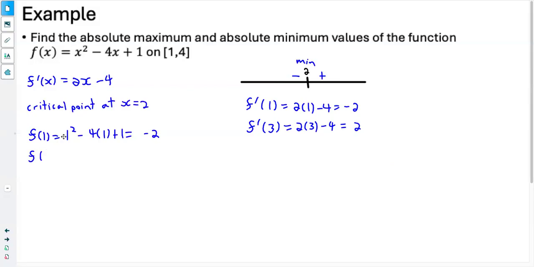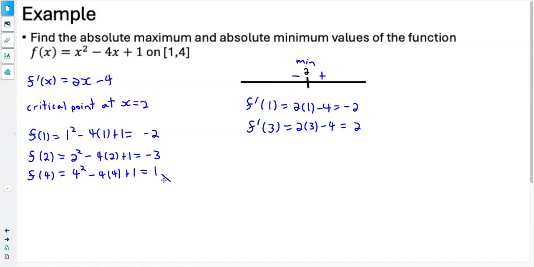Then we'll do f of 2, which is 2 squared minus 4 times 2 plus 1, which gives us -3. And then we have the end of our interval, which is 4. That's going to be 4 squared minus 4 times 4 plus 1, which gives us 1.